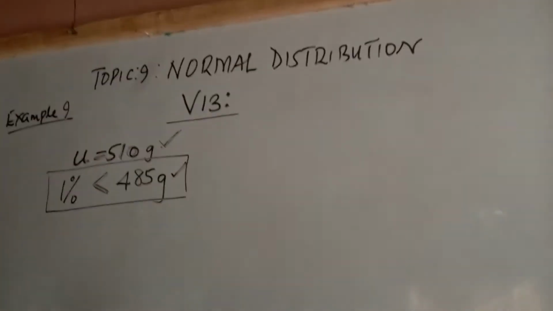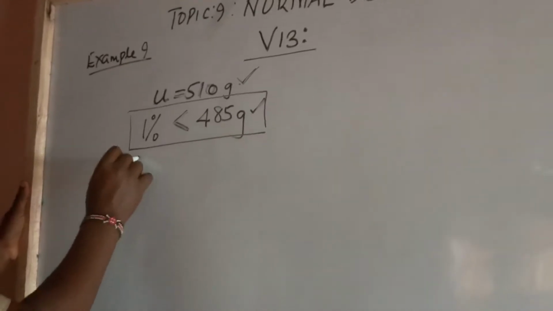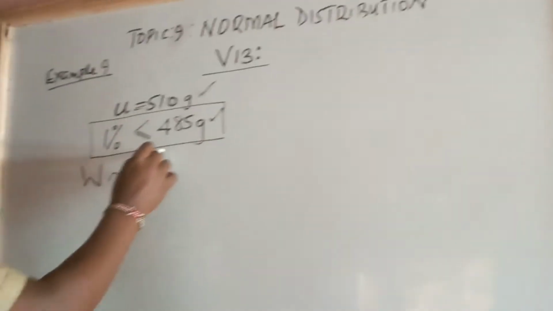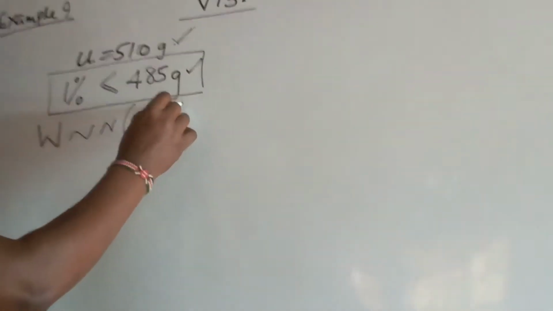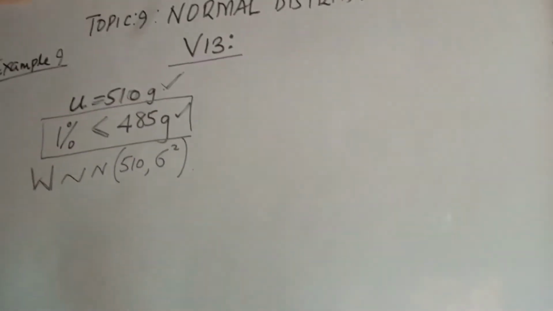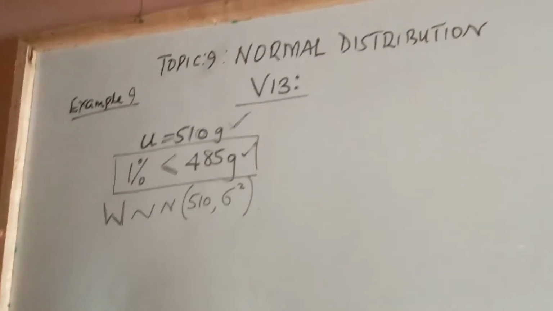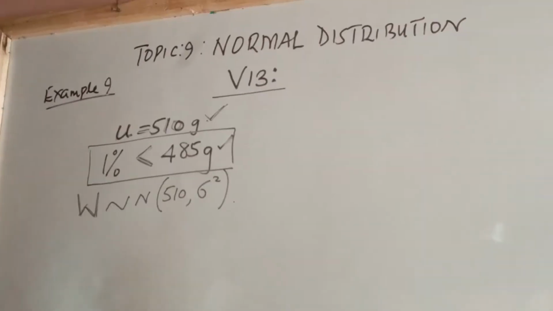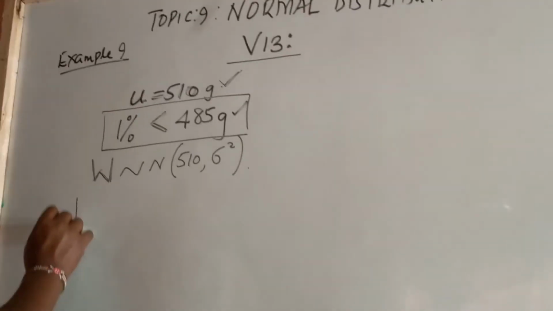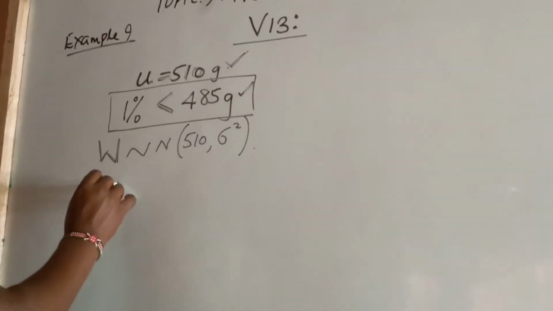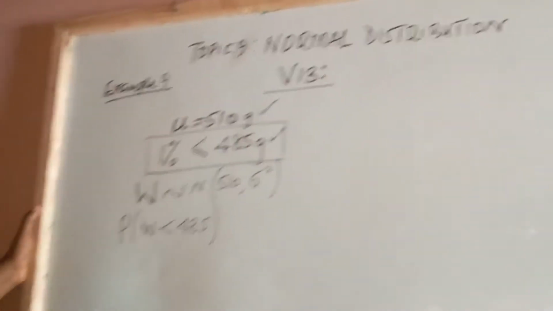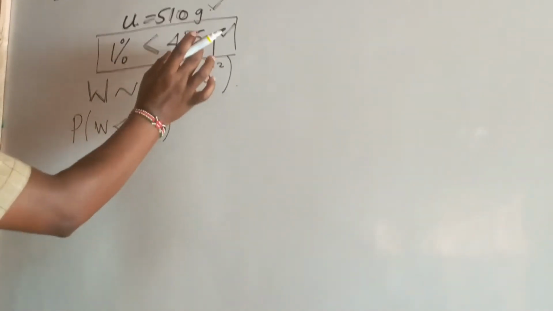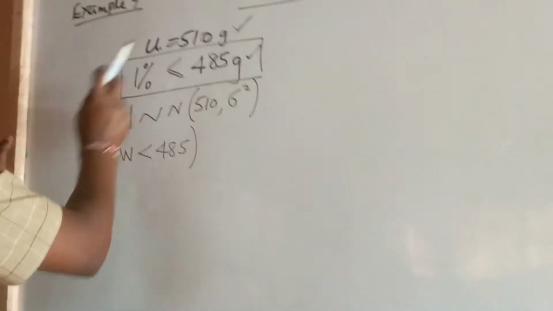What do we need to know? Of course, weight is distributed normally with a mean of 510 grams and a standard deviation that is not known. Having said that, we must also understand that the probability of a weight less than 485 grams, we are told, is 1%.